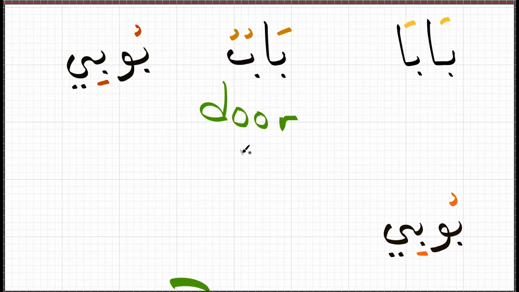So please write down these words, because this way we're going to enrich our vocabulary. Together, we're going to build our vocabulary. Every time we do a class, we're going to add more vocabulary. So babun, a door.